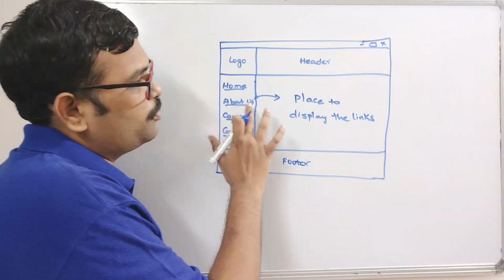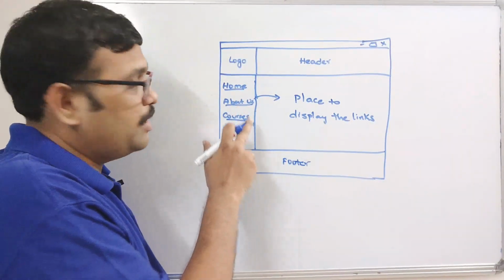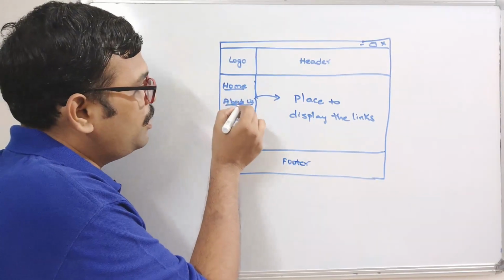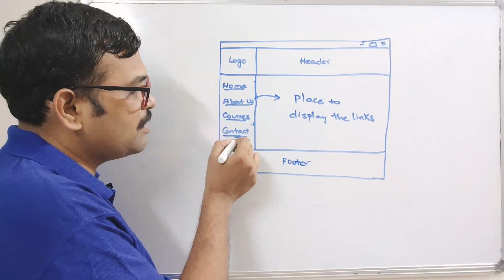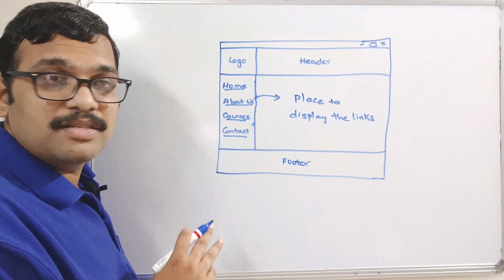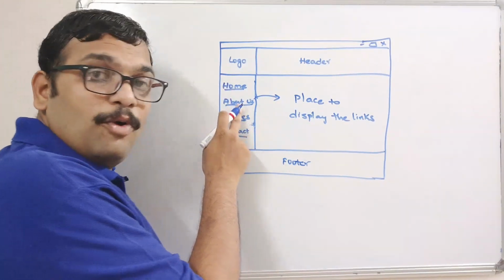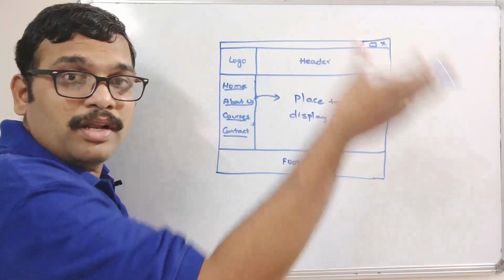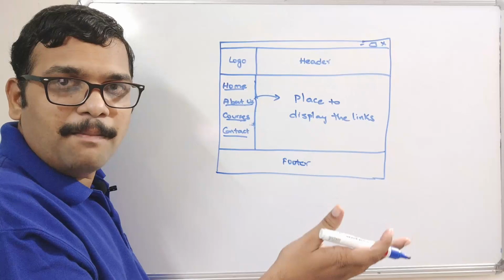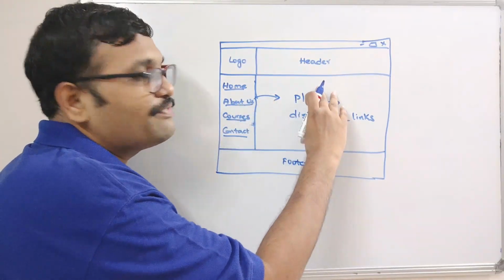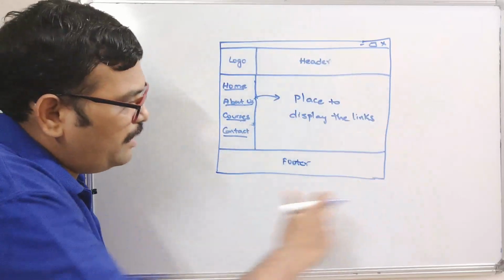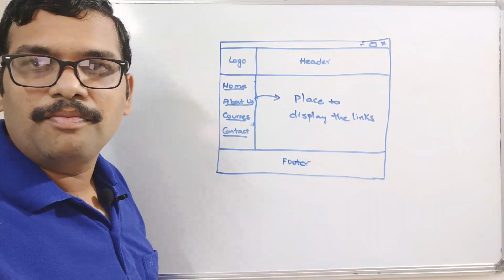That means we have to create web pages for home, about us, courses, contact. So 4 web pages, and by clicking the about us link, that page should be loaded in this place itself, not in a new window or a new tab. It should be displayed in this frame, right? So we'll create such a web page now.